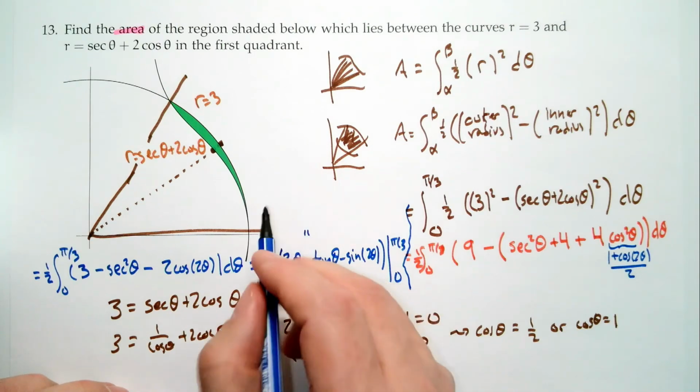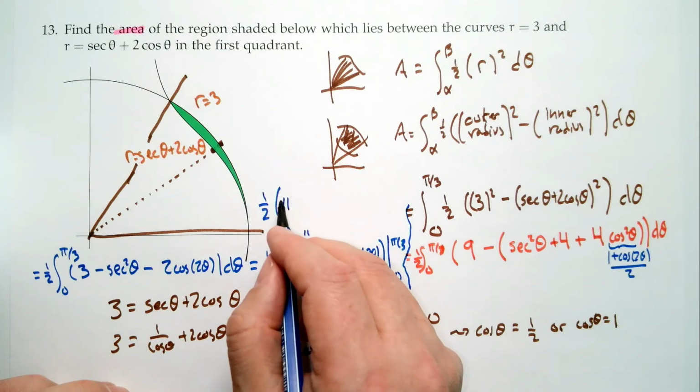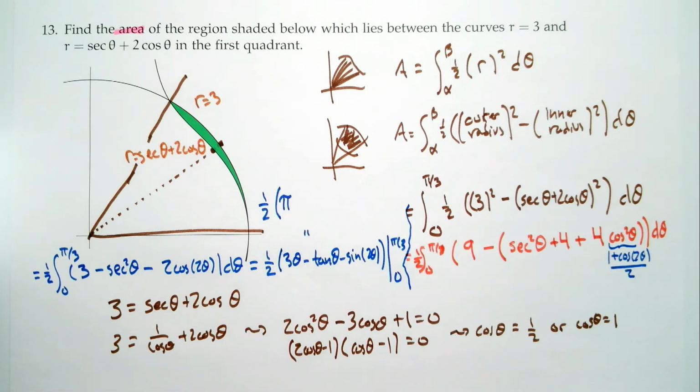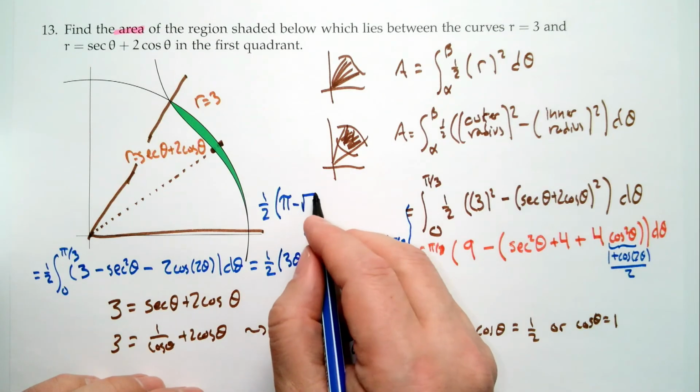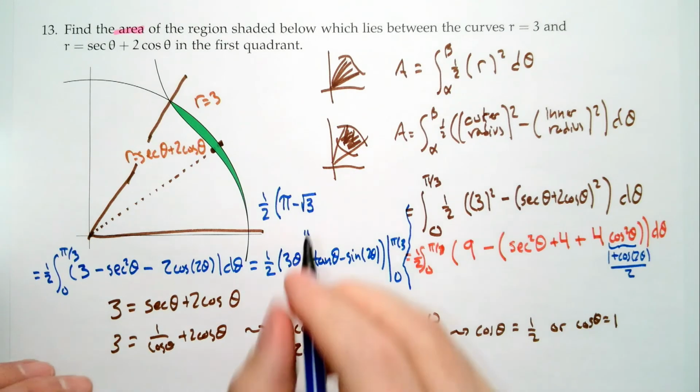So what do we have? We have 1/2. 3 times pi over 3? Pi. Tangent of pi over 3? Wait, what is it? Root 3. Tangent of pi over 6 is root 3 over 3. Sine of 2 pi over 3. Root 3 over 2.